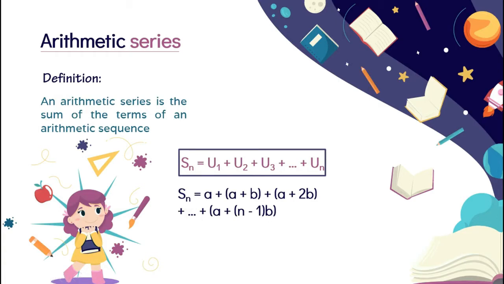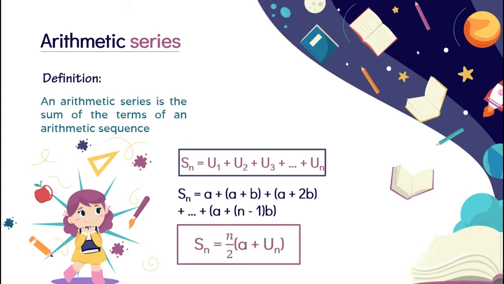If it is known that the value of a is the first term and un is the value of the n term, then the arithmetic series value is Sn equals n divided by 2 multiplied by (a plus un).